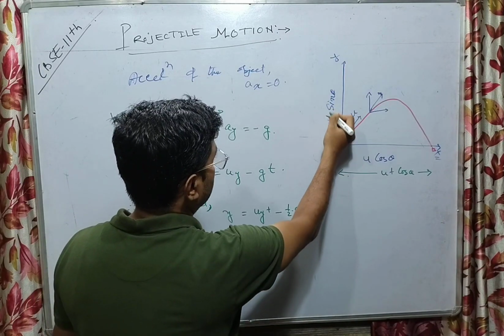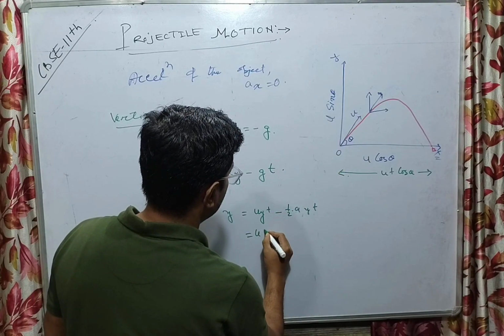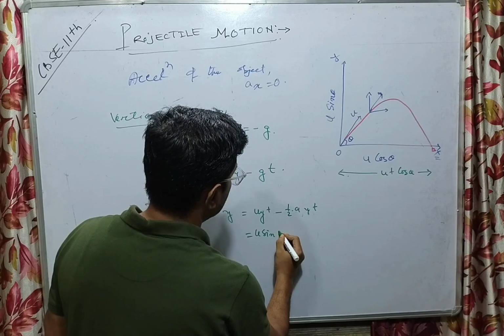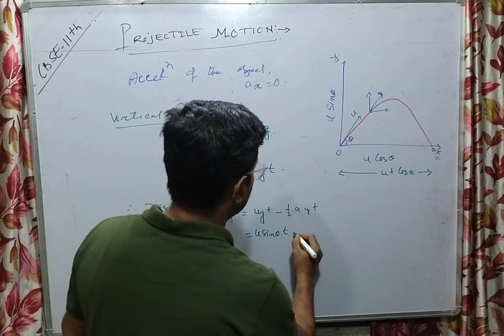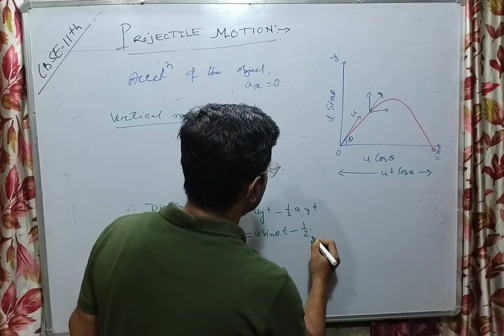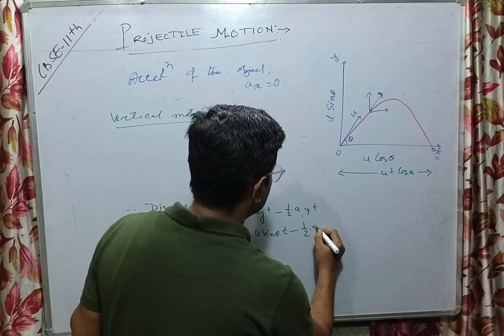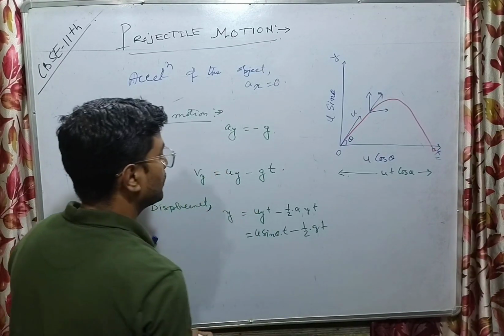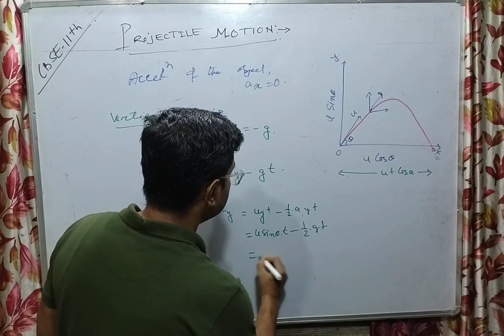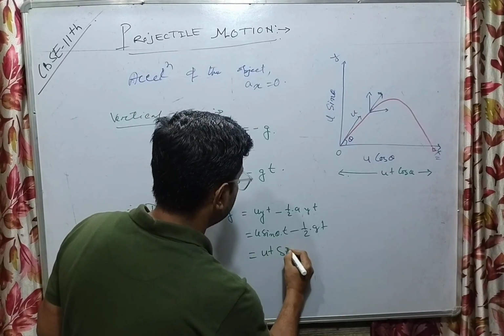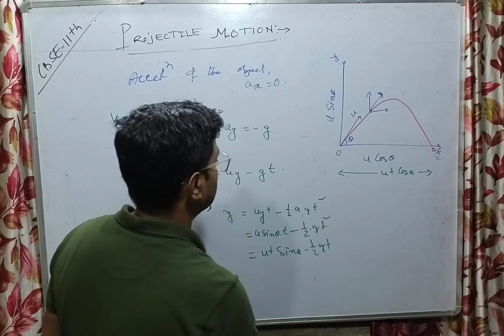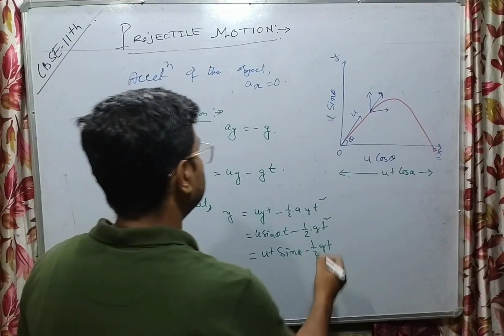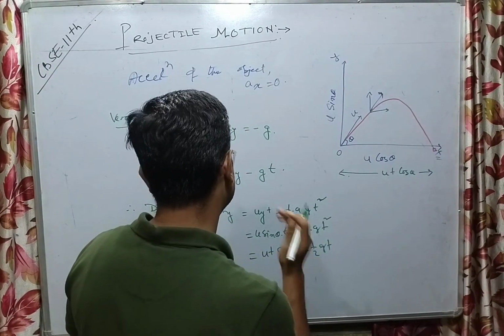Uy is equal to u sin theta, so y is equal to u sin theta into t minus half g t squared, that is, y is equal to ut sin theta minus half of g t squared.